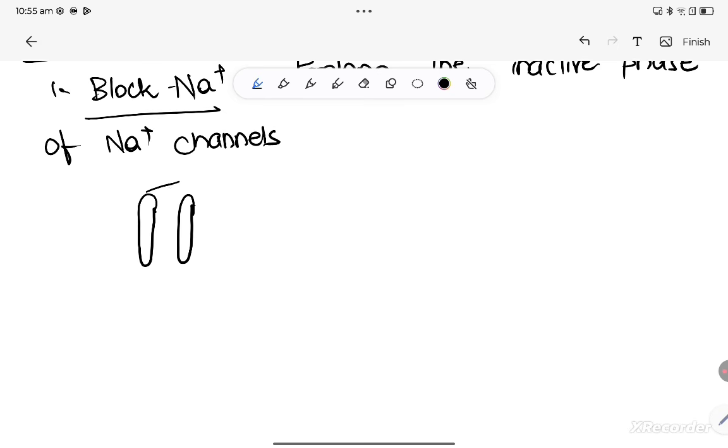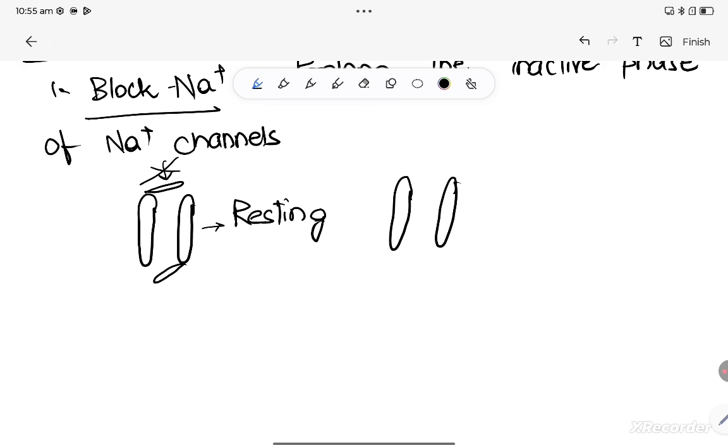A sodium channel has two gates. When both are closed, we call it the resting phase, during which movement of ions through the ion channel is not possible. Then comes the active phase, where both the gates are open so that movement of ion is possible.